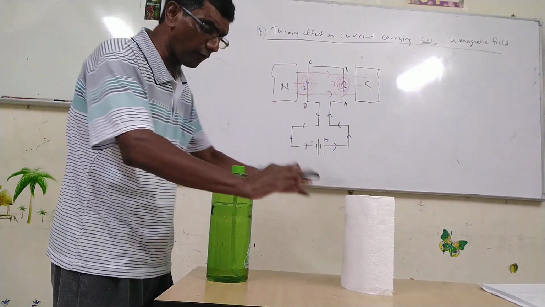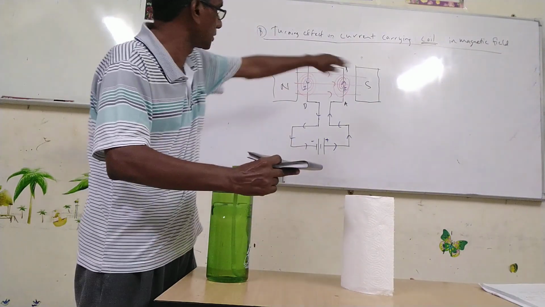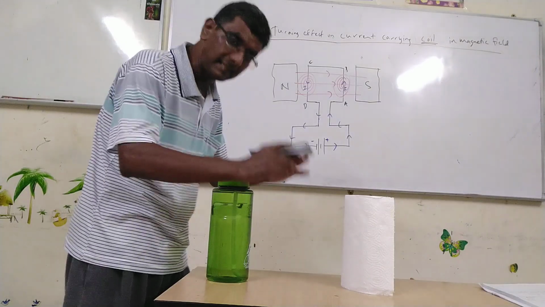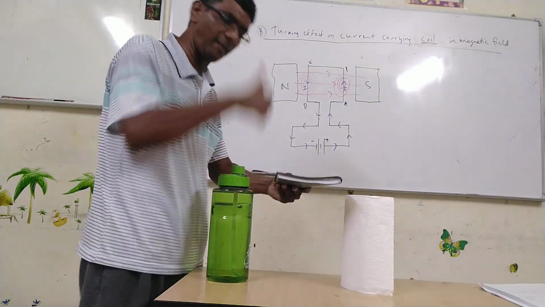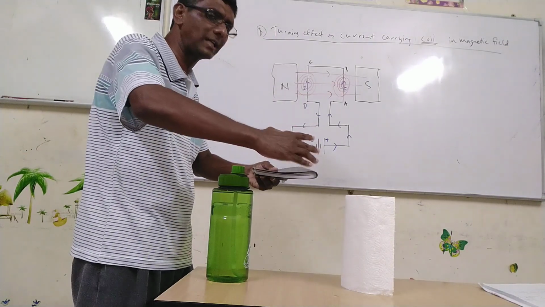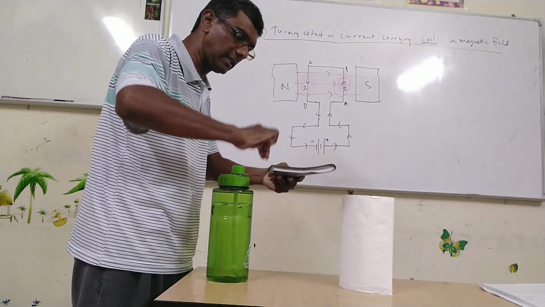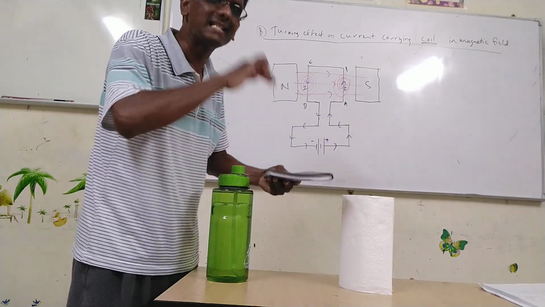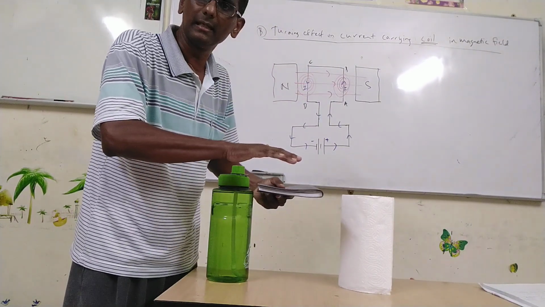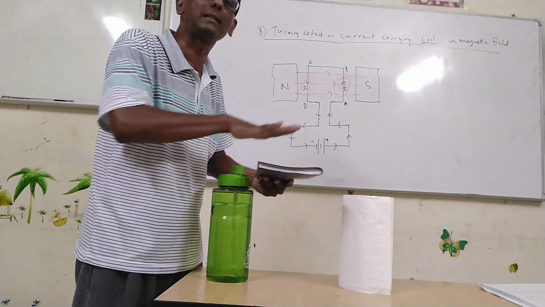As a result, this is a coil, not a conductor. The force acts upwards and the force acts downwards, so these two forces create a turning effect. These two forces act simultaneously.